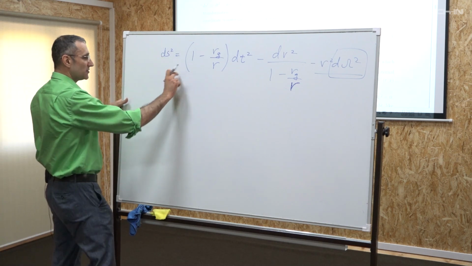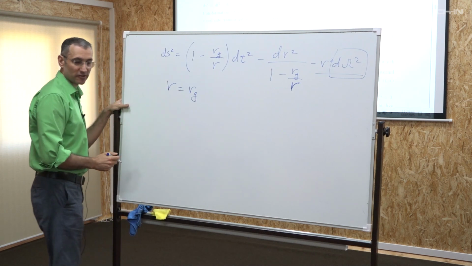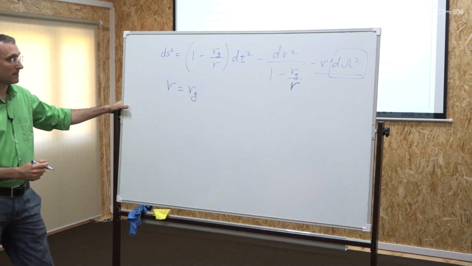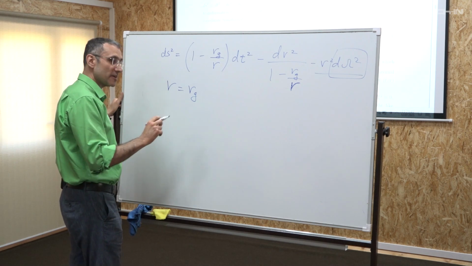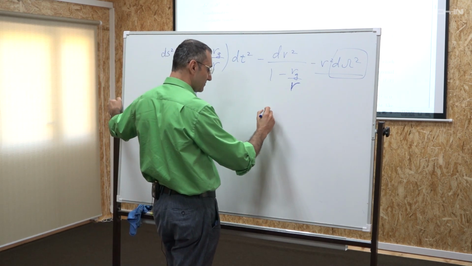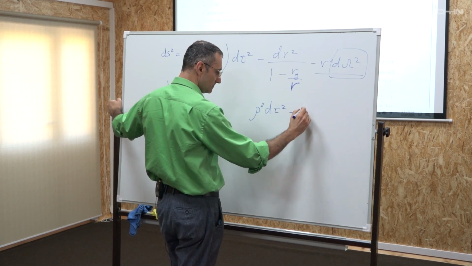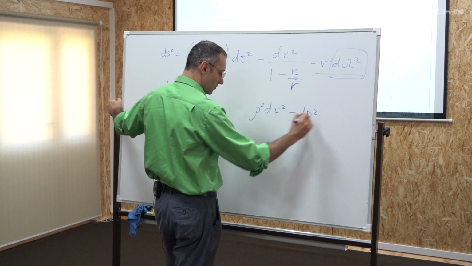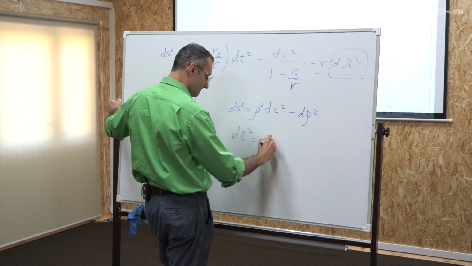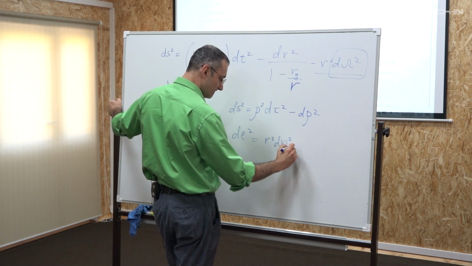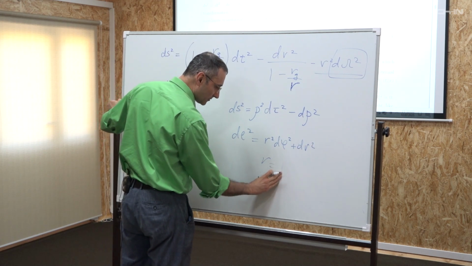First of all, you see this metric is degenerate when r equals r_g. But this degeneration is very similar to the degeneration of this metric, or this metric. You see, this metric is also degenerate at r equal to 0.